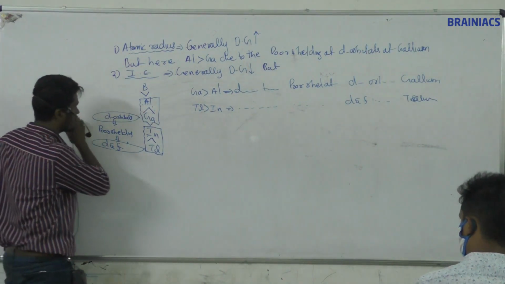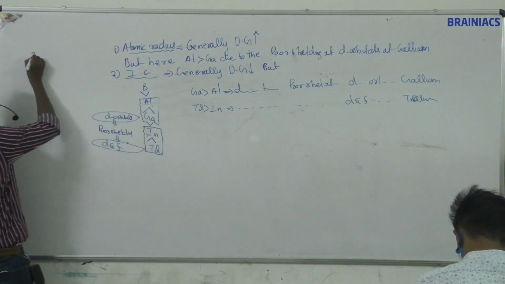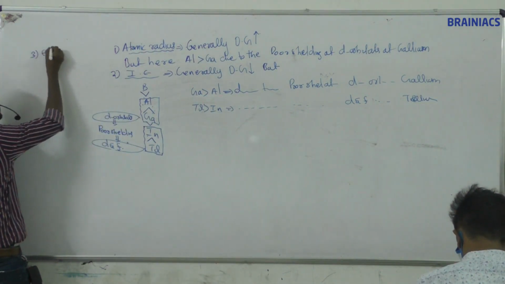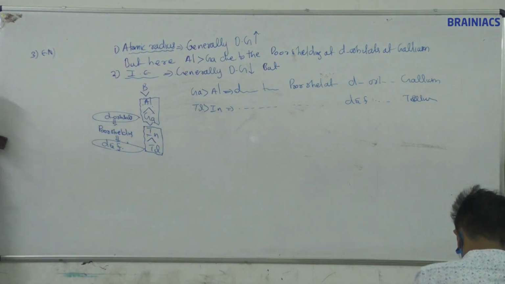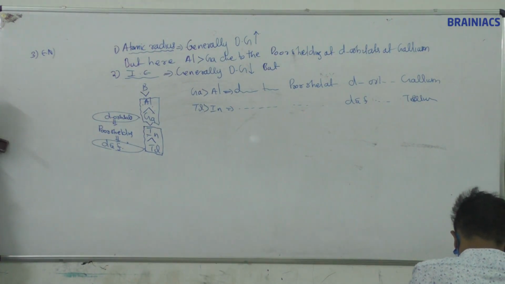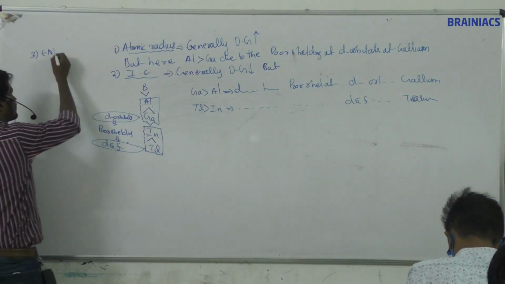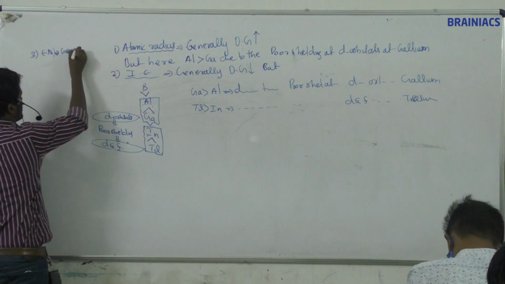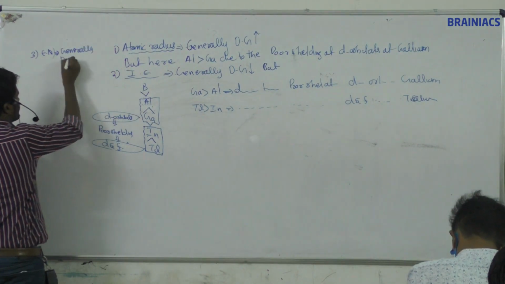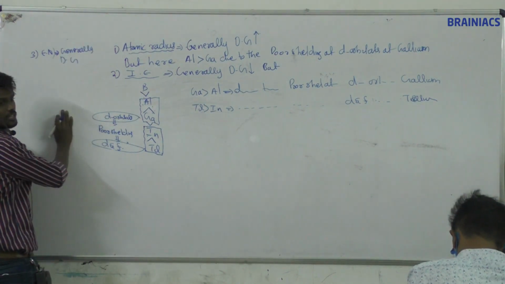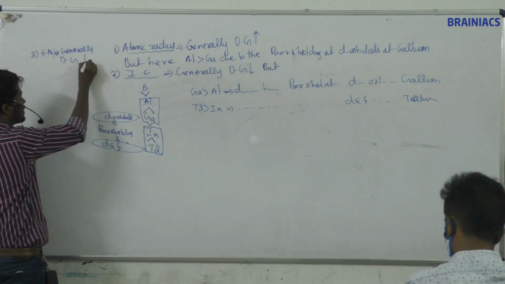Okay, ionization energy. Next one is electronegativity. Generally, down the group, what happens, children? Generally, down the group, electronegativity decreases.